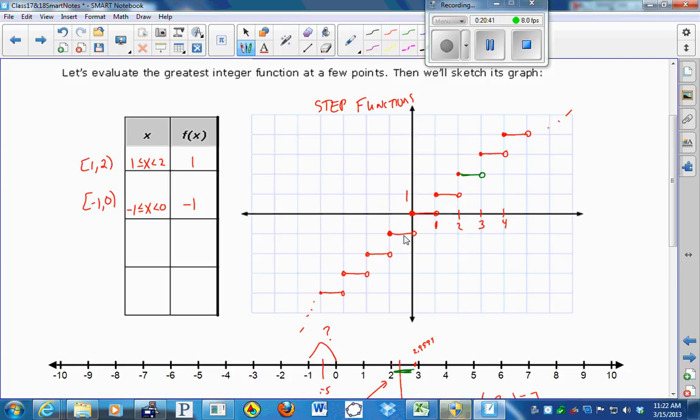Okay, so that's your greatest integer function. This is in your book. And then they gave you an application of this that had to do with the cost of a cell phone plan. When you rent a car, it's so many cents per mile or any fraction thereof.